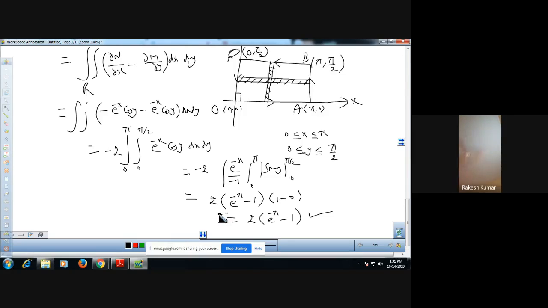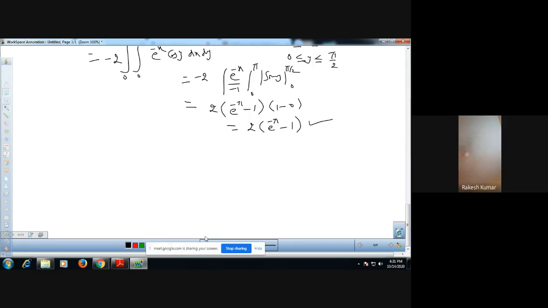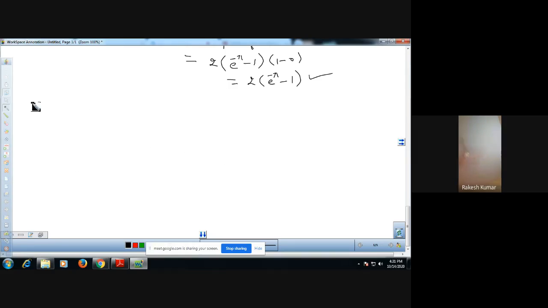One more question may be done with the help of Green's theorem. The question is, apply Green's theorem to prove that the area enclosed by a plane curve is 1/2 ∮ (x dy − y dx).